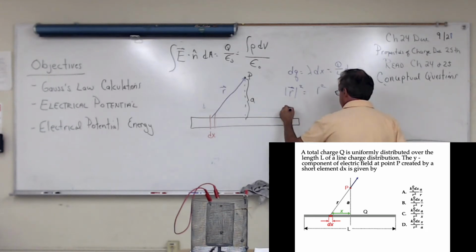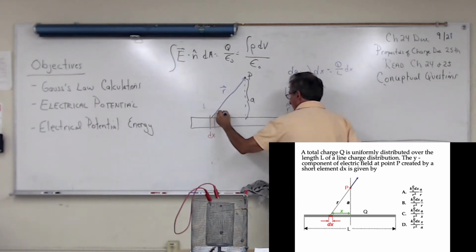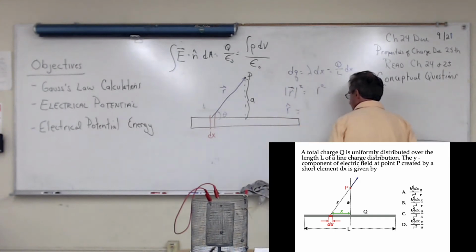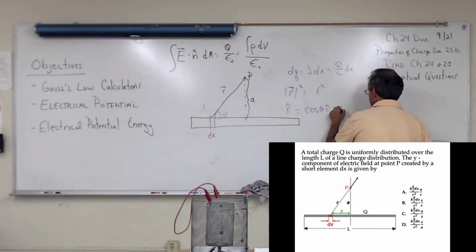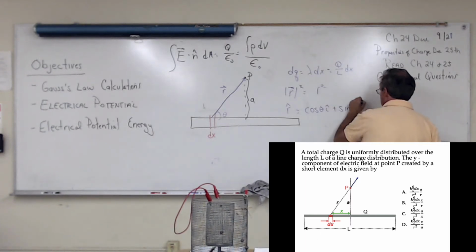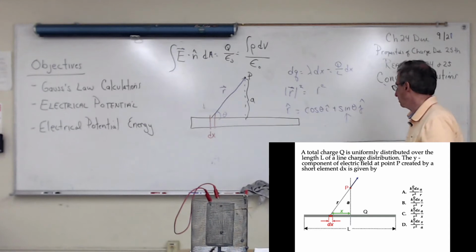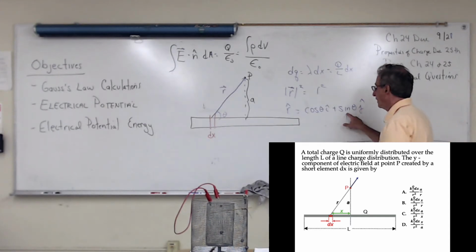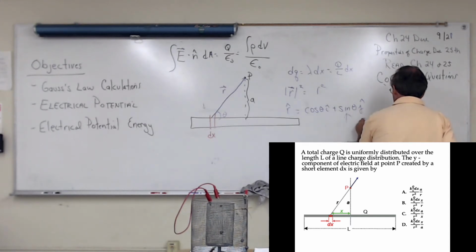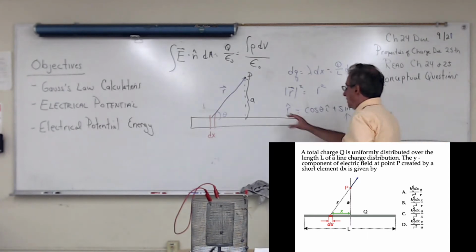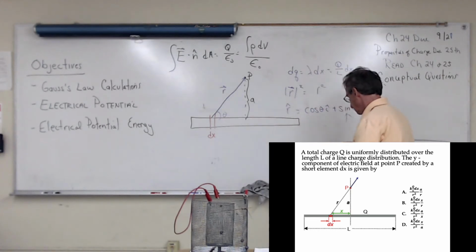Now my R hat, if this is theta, it's cosine theta i hat plus sine of theta j hat. But it just wants the y component of the field. It only wants the y component. So sine of theta is opposite over our hypotenuse.